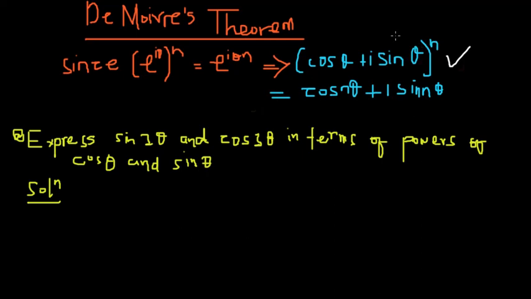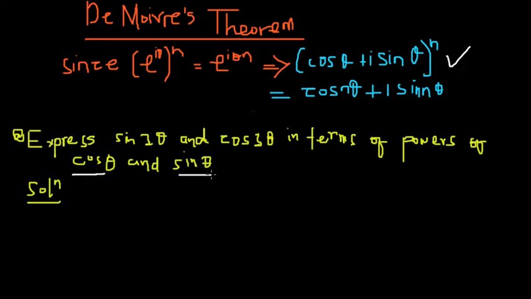So in this form, all you have to do from here is to just rewrite the exact expression. We are representing sine 3 theta and then cos 3 theta in the form of this.